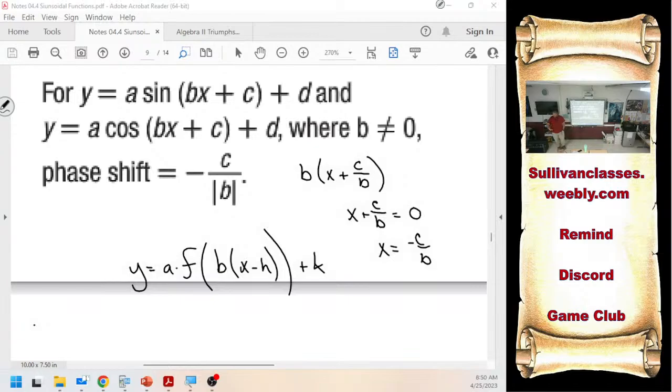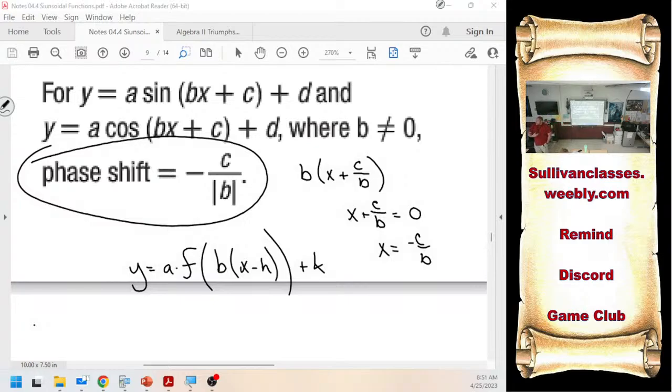Because they didn't separate it for me, because they didn't say x minus h, taking care of that bass-ackwards land, I have to know that the phase shift is negative c over b. Okay?